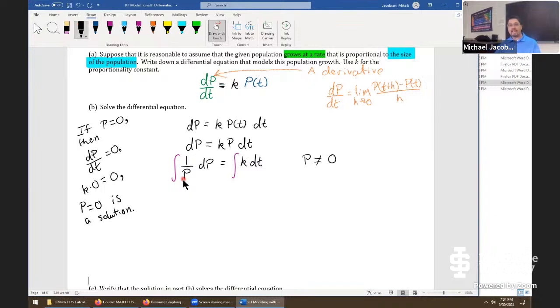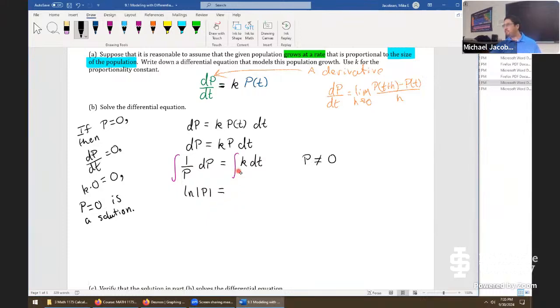First, we want the antiderivative of 1 over p. Think of that as 1 over x. You would get the natural logarithm of the absolute value of p from that portion. There is a plus c for the constant, but when you're solving two integrals, one on one side of the equality, the other on the other side, we aggregate our constant to just one side. So here, the integration would end, and we'll just go equals.